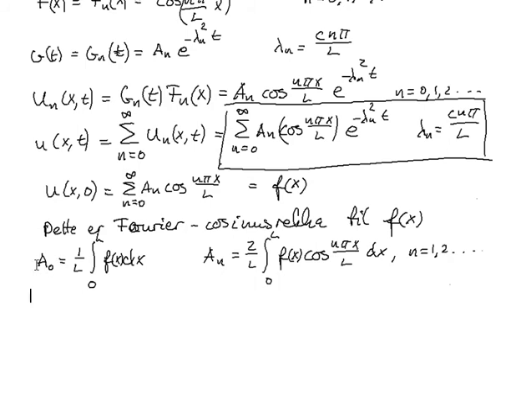The starting value a0 is equal to 1 over L multiplied with the integral from 0 to L of f of x dx, and for n larger than 0, a_n is equal to 2 over L multiplied with the integral from 0 to L of f of x cosine of n pi x over L.